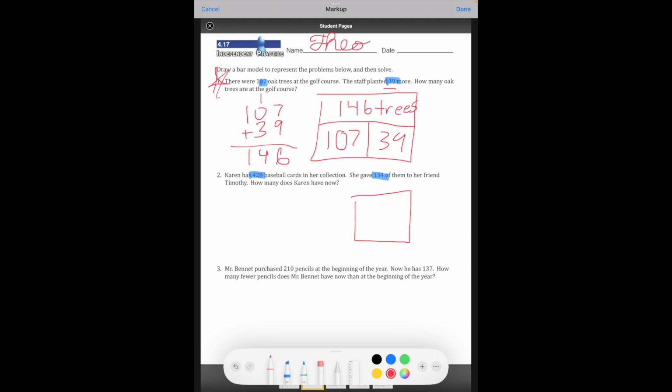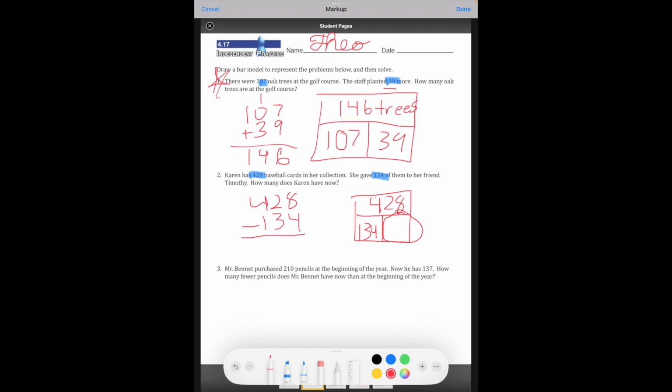So the way this would look, I know that she started off with 428 total, and then she gave away 134. So I've got to solve here for that. So I'm going to do 428 minus the 134, and that's going to give me my answer.